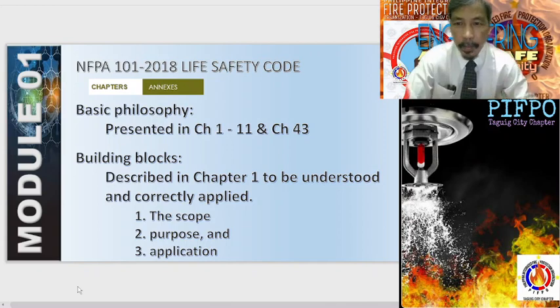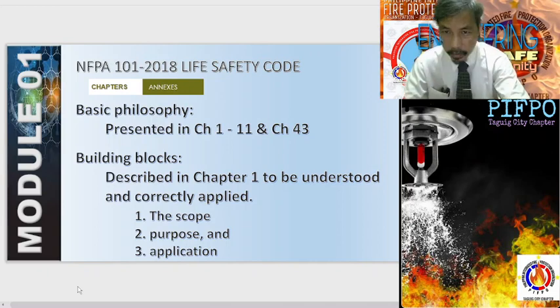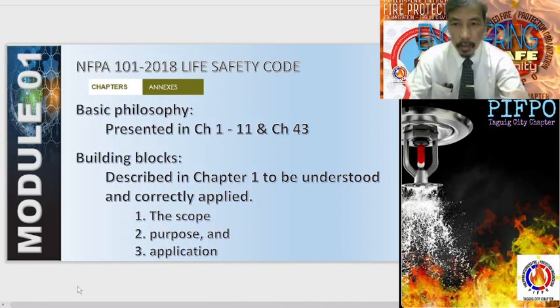For example, we have building blocks as described in chapter 1 to be understood and correctly applied. Primarily, the building blocks of scope, purpose, and application. This would settle us and give us the guidance on what to expect on the broad subject of NFPA 101.